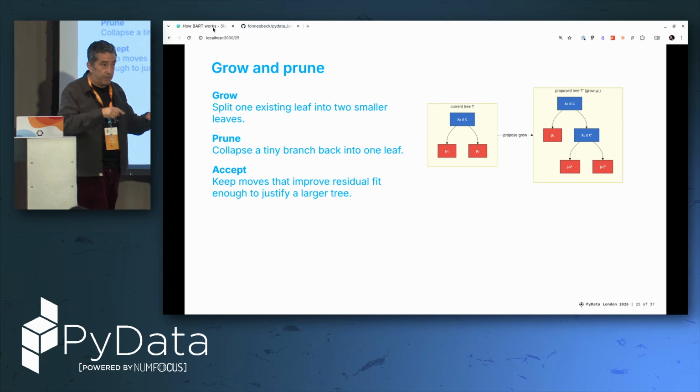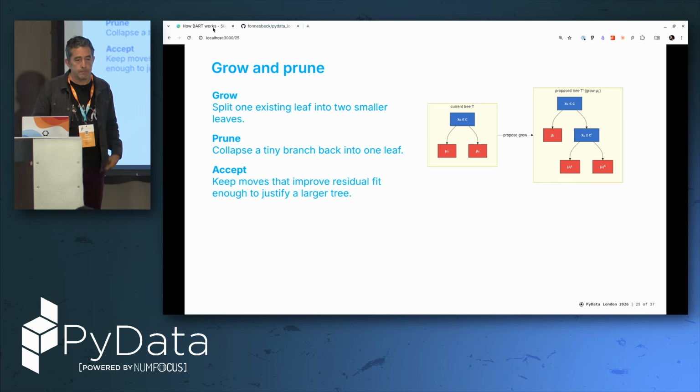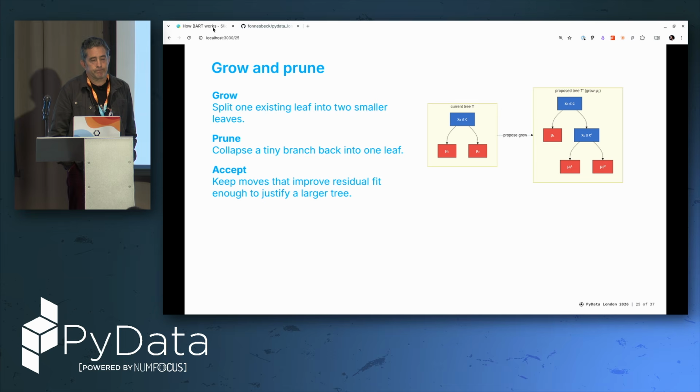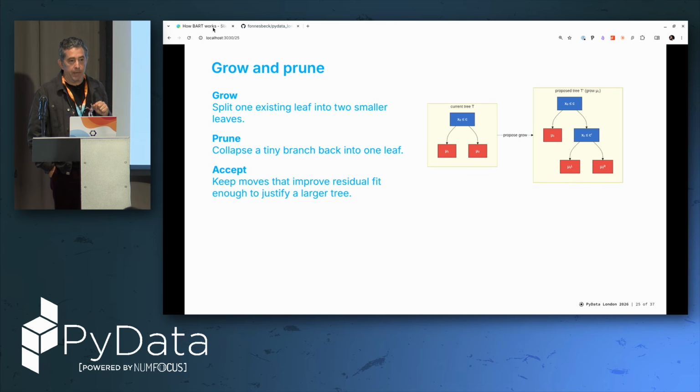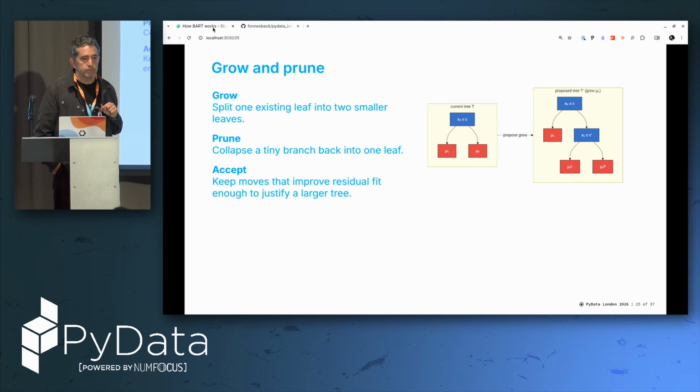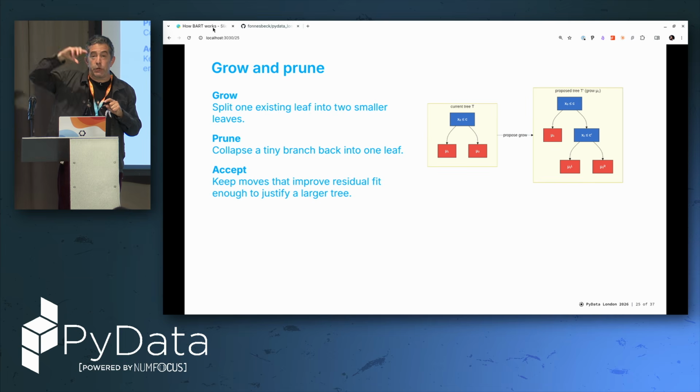They can get big, but they've got to do it stepwise. You're proposing a whole tree, but it's the difference between the two that determines whether or not it gets accepted. The algorithm picks the better one given the previous one.